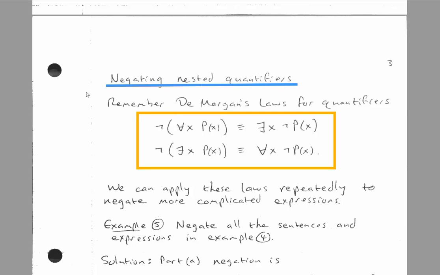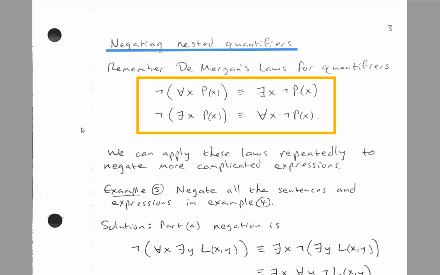Okay, and now we negated quantifiers last time. Now we're negating nested quantifiers. But it's the same rule, so we're using De Morgan's laws for negating quantifiers. So if you want to negate for all x p of x, then that turns into there exists an x, so that not p of x.